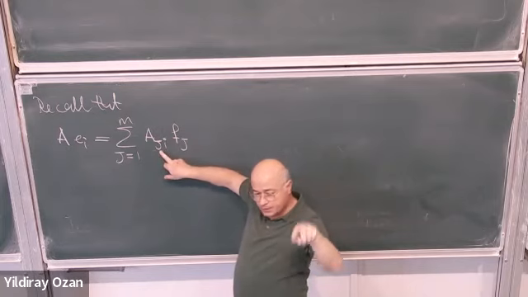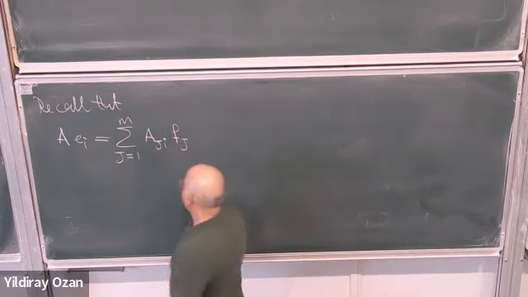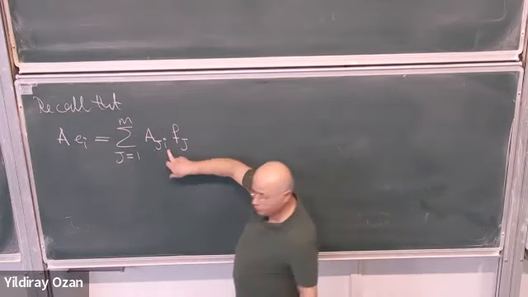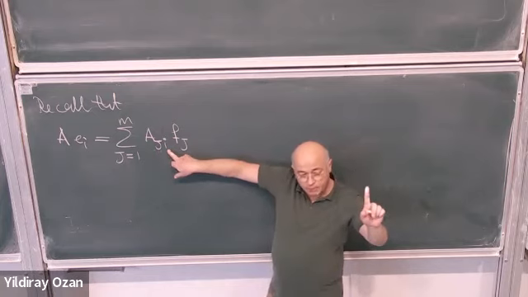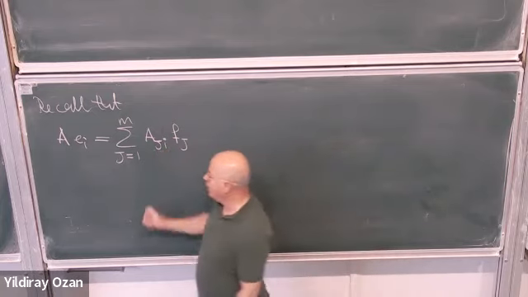First column, second column, third column, and so on. We are in the ith column, first row, second row, third row, and so on. Okay.